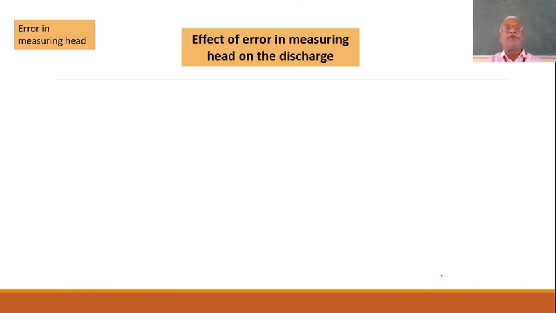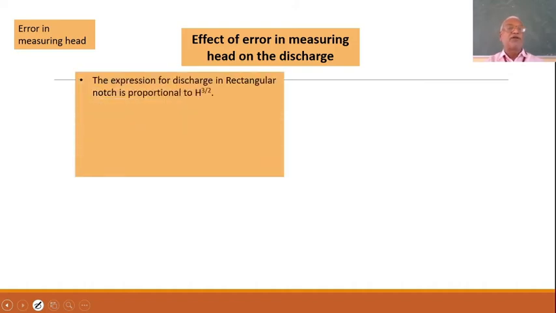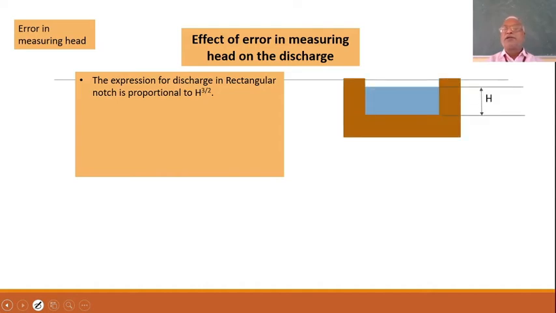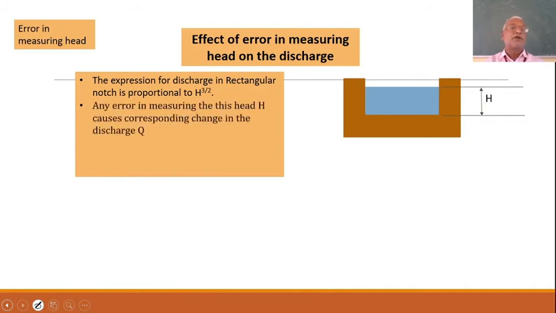Now, the effect of error in measuring head on the discharge. Let us see what it actually means. The expression for discharge in a rectangular notch is proportional to h raised to 3 by 2, because Q is equal to 2 by 3 CD L into h raised to 3 by 2, with h as the head over the crest.